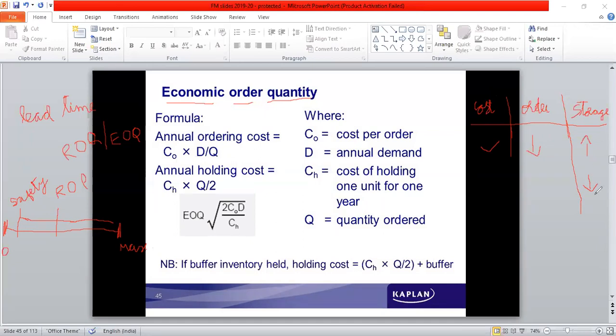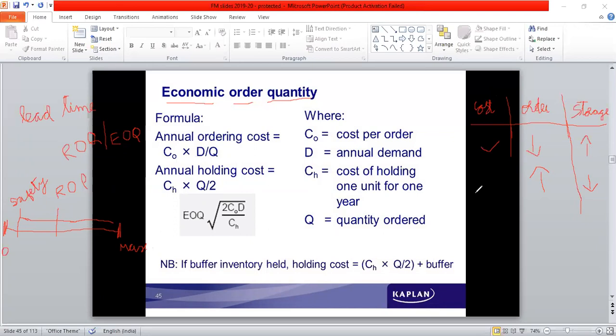If storage costs are reduced, more orders have to be placed, so the ordering cost keeps increasing. The cost of material consumed during one annual period would be there, but now we have to balance between the ordering cost and the holding cost.